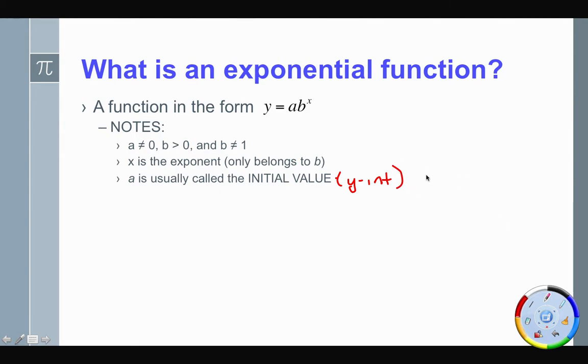It's when x is 0, because b to the 0 power is 1, and we get the value of a. Something I forgot to write down here is that b is the base. B is called the base of the exponential function. So this would be base b.